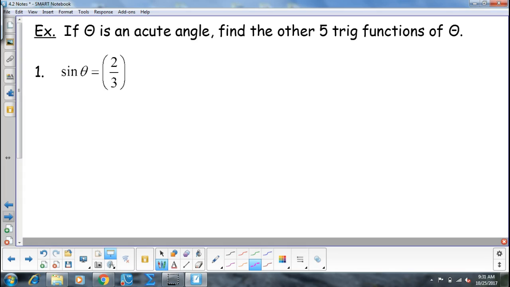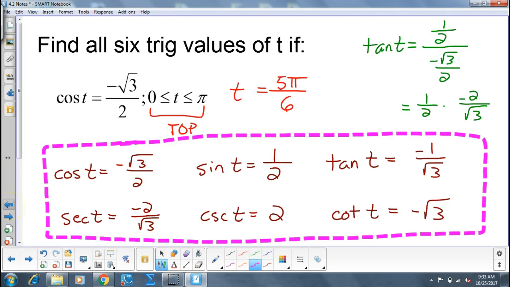So, what if we have this, where theta now is an acute angle, and I'm asking you to find the 5 other trig functions of theta. Okay? Try that one. Upon a consultation that I just had with Mrs. Hill, we're changing our thinking. In terms of this one, we want it rationalized because on the ACT, it's rationalized.